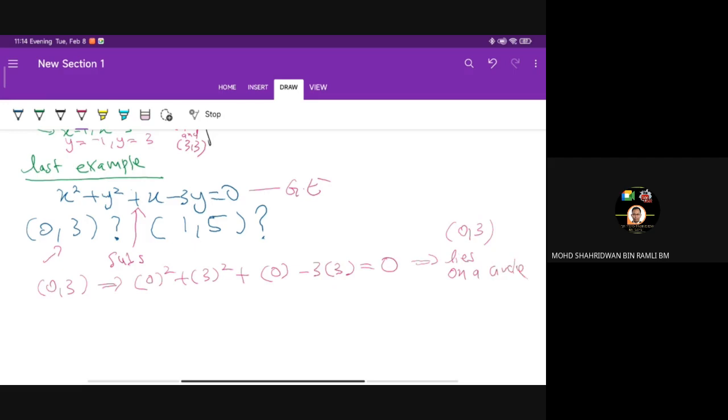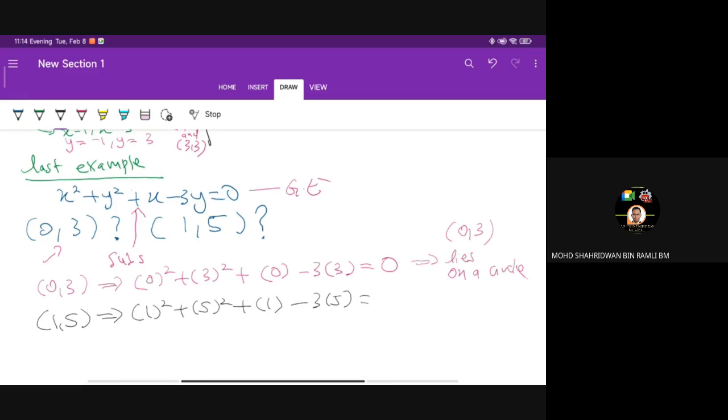Let's say if you try (1, 5). We will substitute (1, 5) into this equation. So it will be 1 squared plus 5 squared plus 1 minus 3 times 5. So what will you get here? 1 plus 25, so you get 27 minus 15.